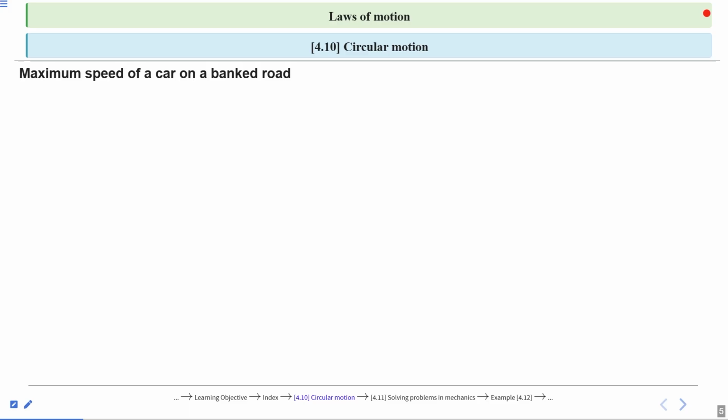In today's lecture we will cover the maximum speed of a car on a banked road. Now the question arises, how can we define a banked road? Look at figure 4.14. This shows the banked road.